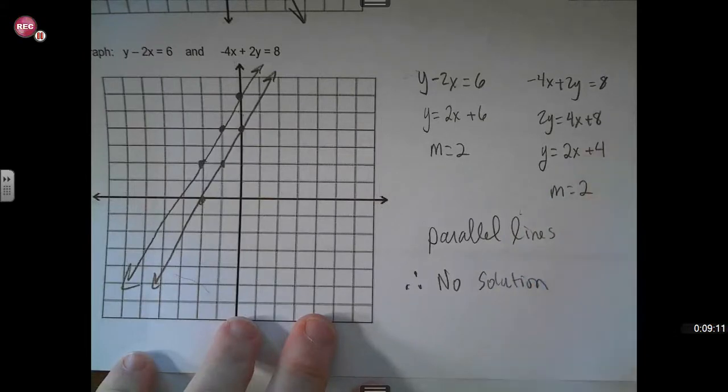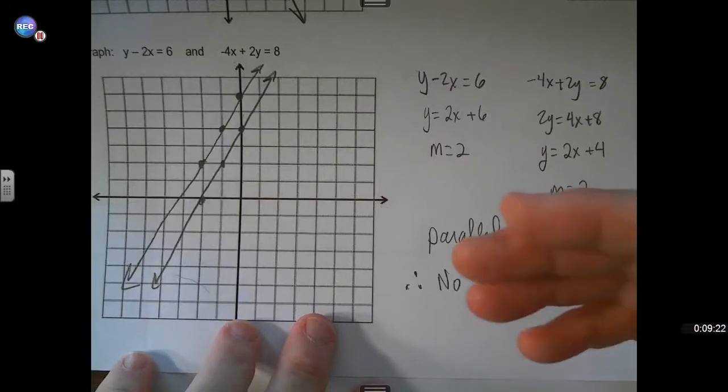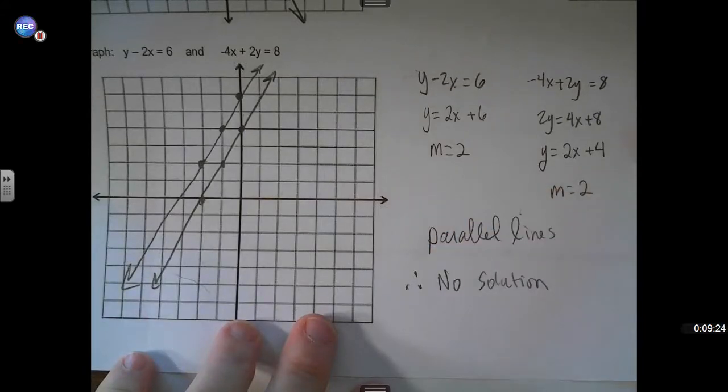So now when we get to this algebraically, we know that every system of equations that we solve could work out like any one of these 3: we get a solution, the ordered pair, we state it, we're done, or we get coinciding lines, and then we say there's infinitely many solutions, or we get parallel lines and we say there's no solution.